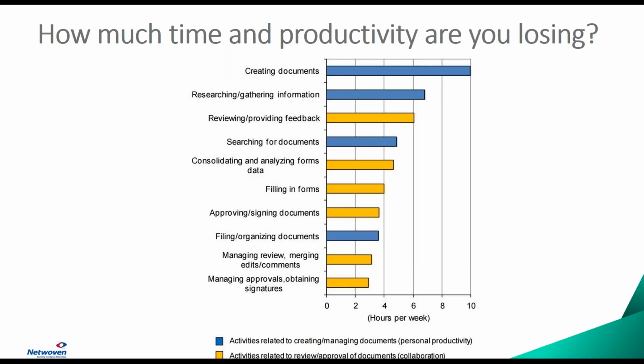When you take a look at one individual worker, whether it's in the blue here with personal productivity or collaboration in yellow, you can see that the average worker spends over 40 hours a week doing these types of things. And these are all the things that Nintex can help bring in and make more productive for people that are doing this type of work.